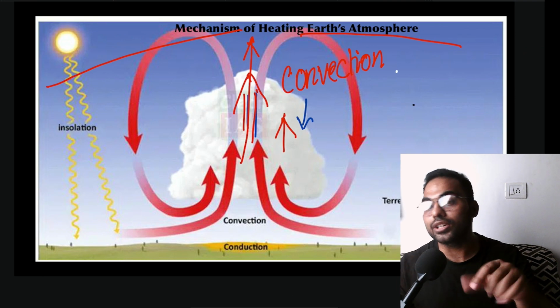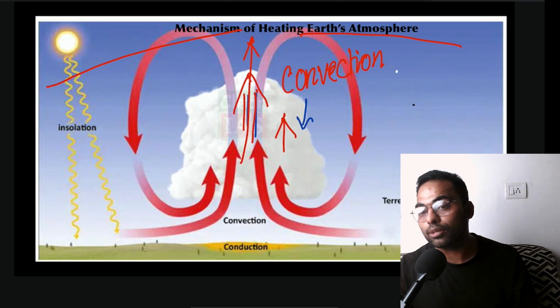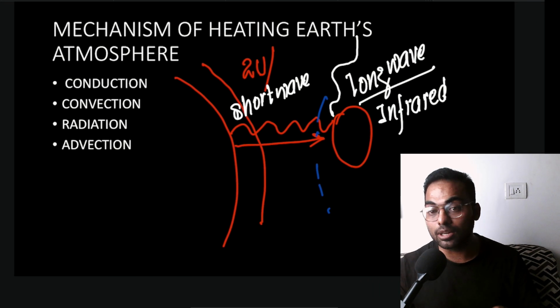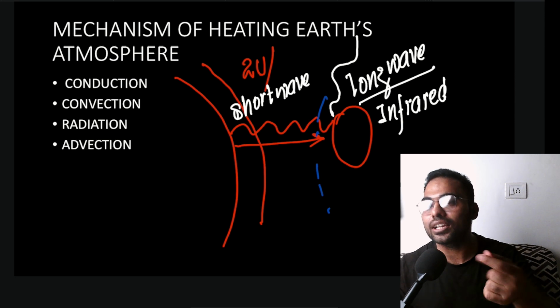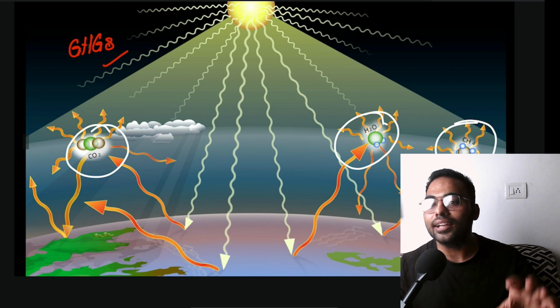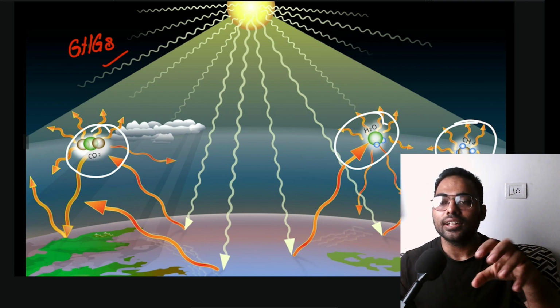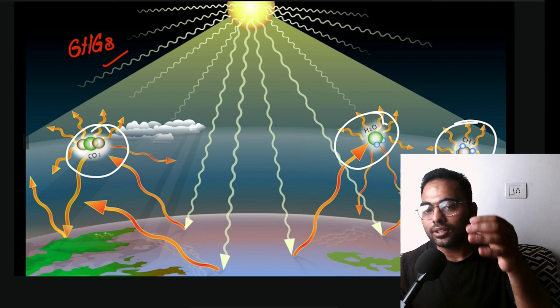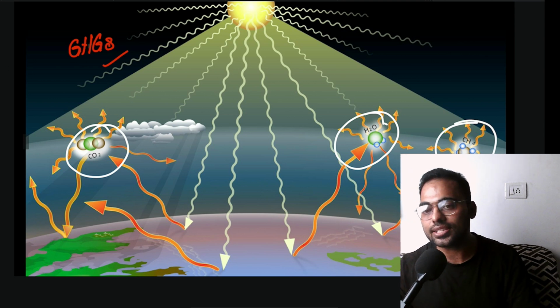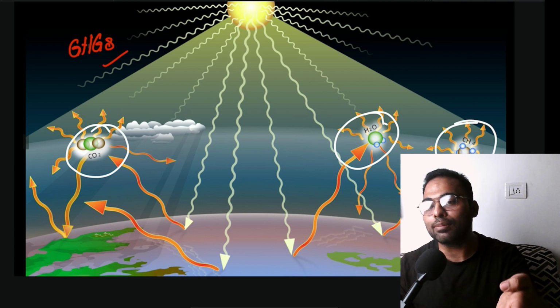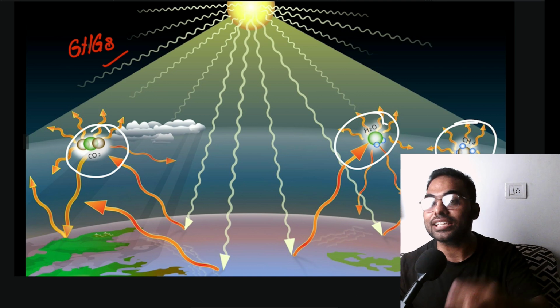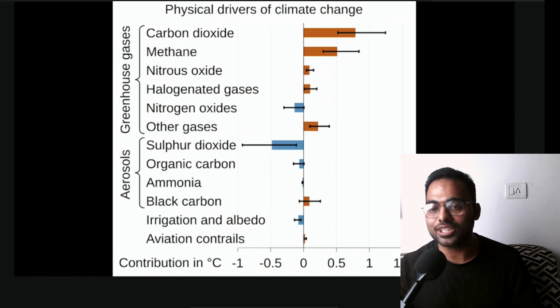Convection at the equator is so strong that it increases the height of the troposphere considerably, and radiation is what heats the atmosphere. Upon being radiated, the rays have lesser energy and are trapped by greenhouse gases. Greenhouse gases are essential for making the planet inhabitable, but an excess of them is what causes global warming. Thank you. See you in the next one.